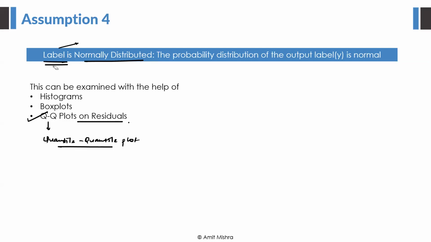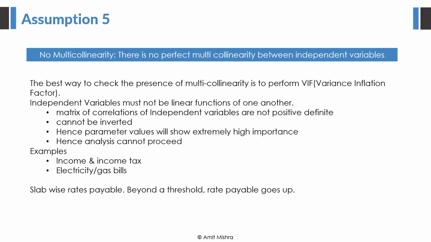This is your label that shows a normally distributed curve. The probability distribution of the output should show the normal distribution curve. Already I showed you what a normal distribution curve is.